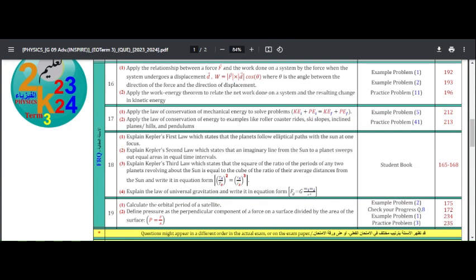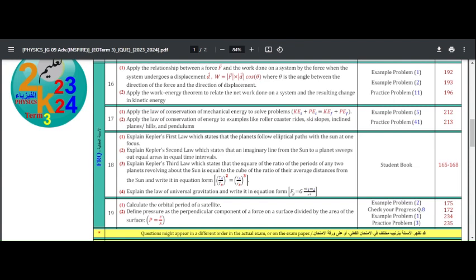This is a general case in which an object is moving, and the force and displacement are in two different directions. They are not parallel to each other, and they will give you the angle. So you have to find the work done.